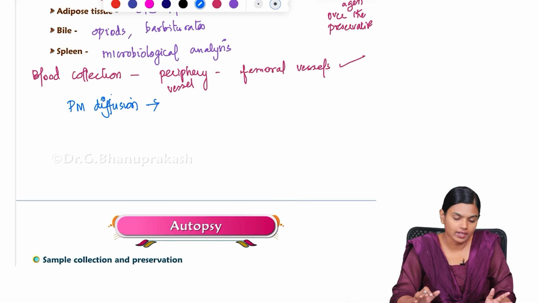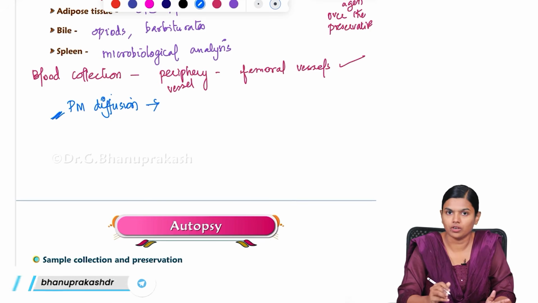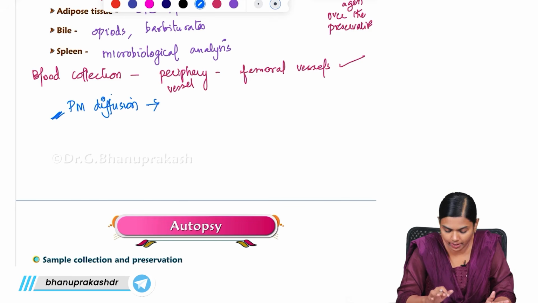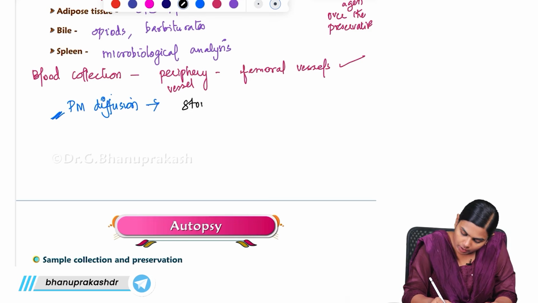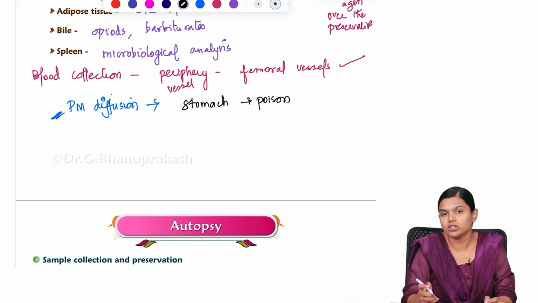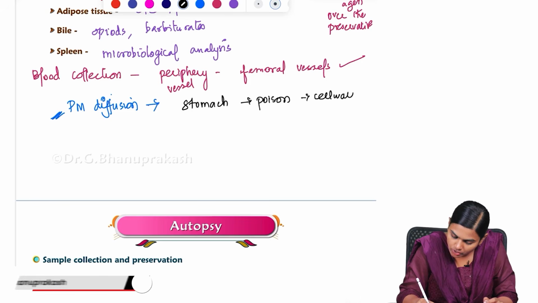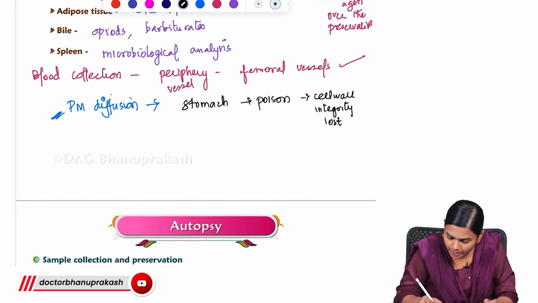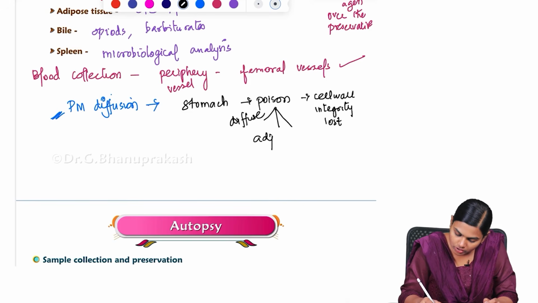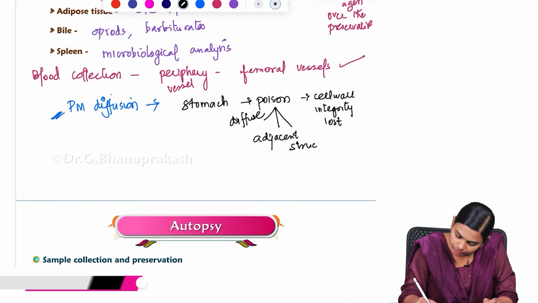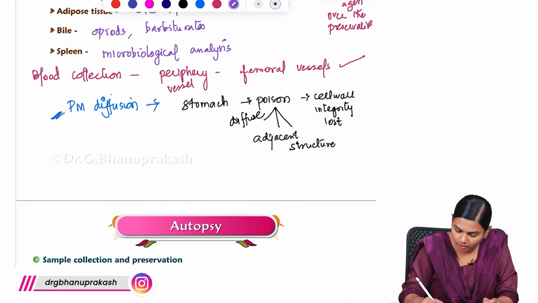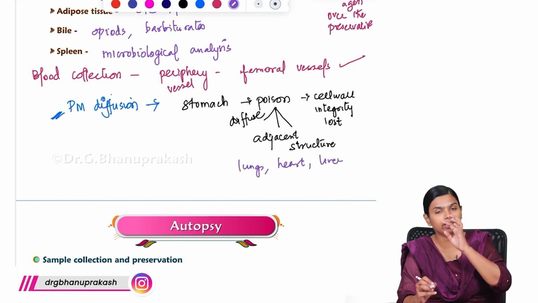And apart from that, there is something known as post-mortem diffusion. What happens in post-mortem diffusion is that if the poison is there in the stomach, after death, due to loss of cell wall integrity, this poison will slowly diffuse into adjacent structures like your lungs, heart, liver, all the adjacent structures.